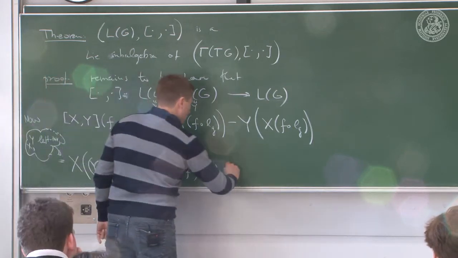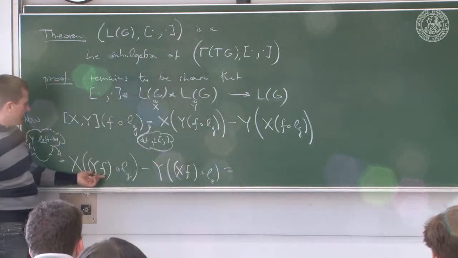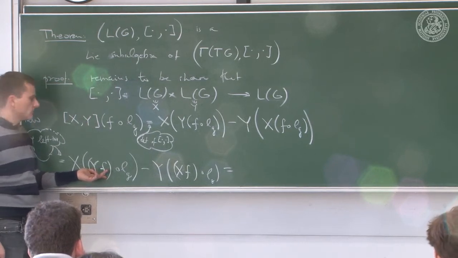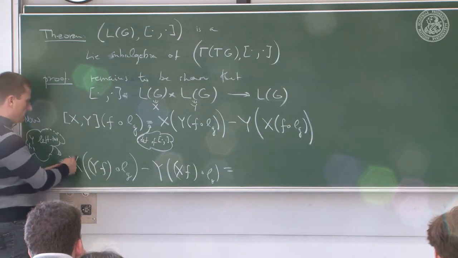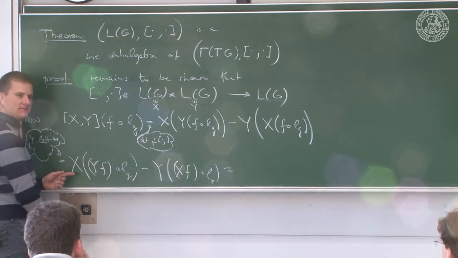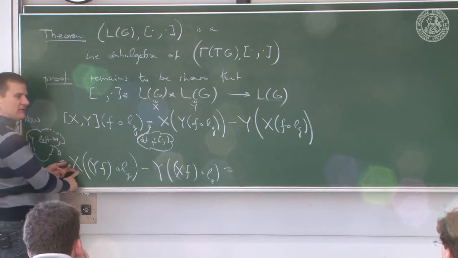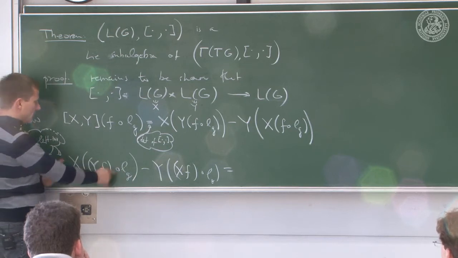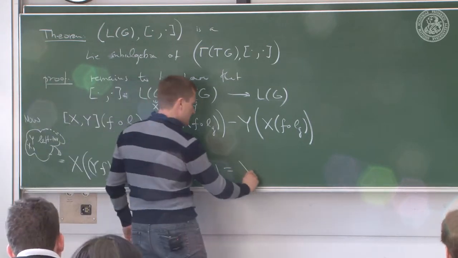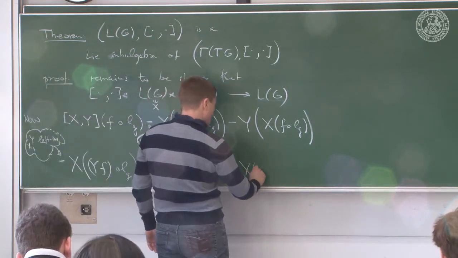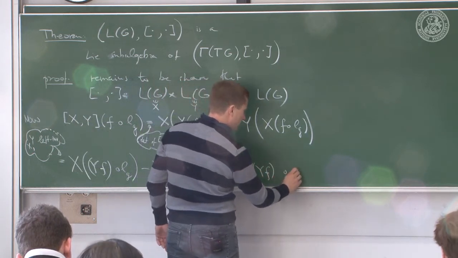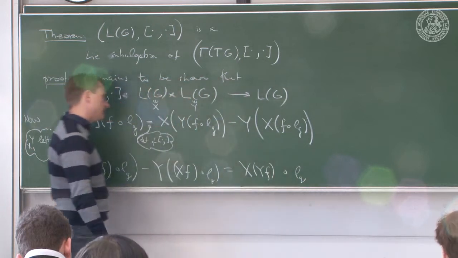But now, what is the result of a vector field acting on a function? Well, it's a function. So we have again x acting on some function after Lg. But x is a left invariant vector field, so I can let it act only on the function and only then compose with Lg. So it's x of y of f, and only afterwards I compose with Lg.